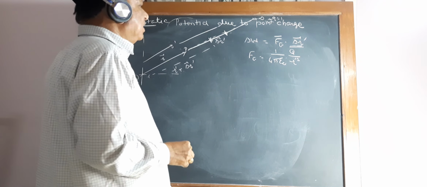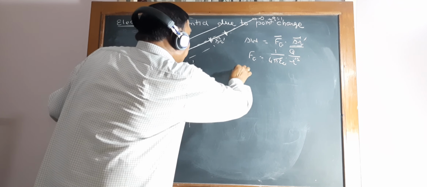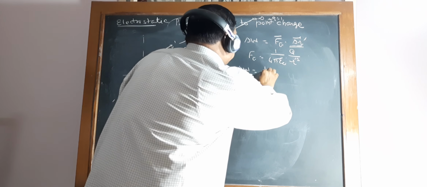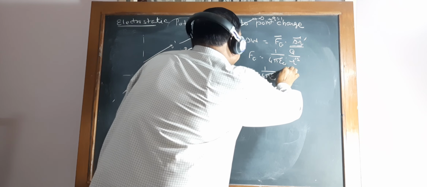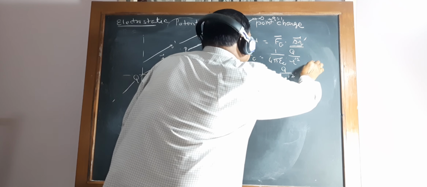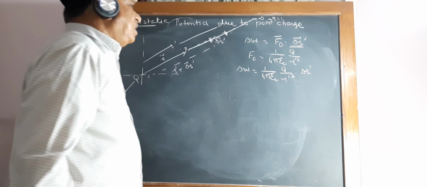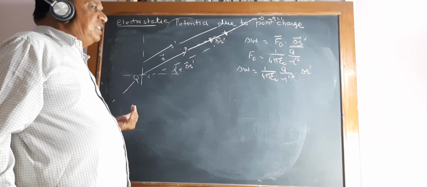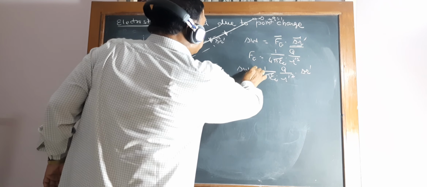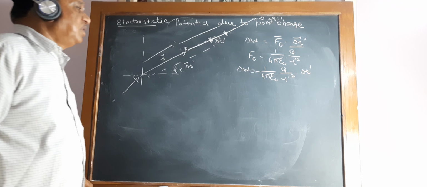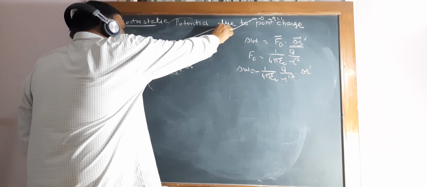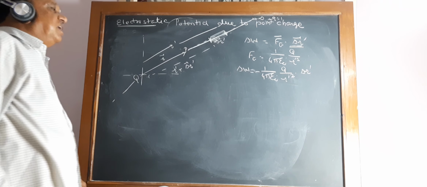So work done is 1 upon 4 pi epsilon 0 q by r dash square into delta r dash. But delta r dash is negative, so this is negative. This is the work done during this small line segment.